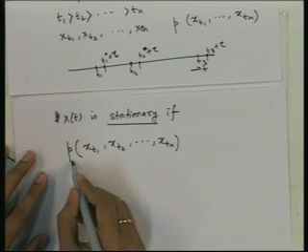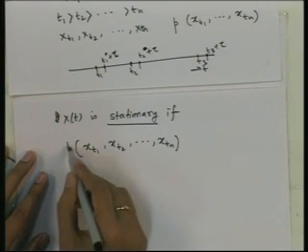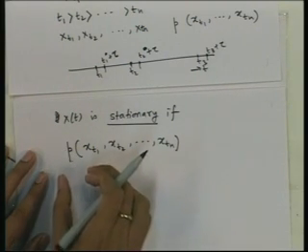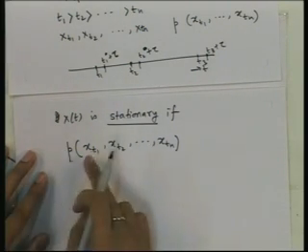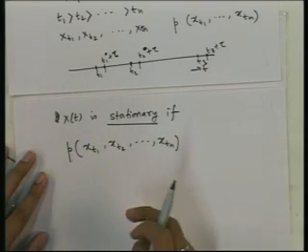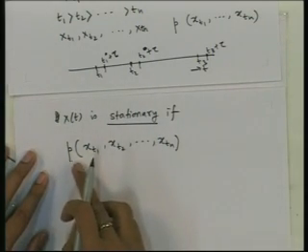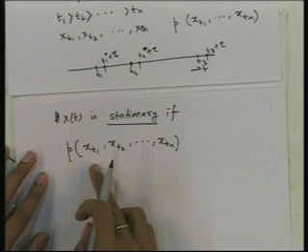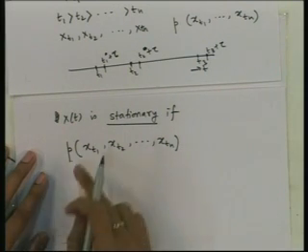Actually, we should write capital X(t1) to capital X(tn) here, because this is the joint density function of those random variables evaluated at these values. But to avoid cumbersome notation, we are not writing them here.